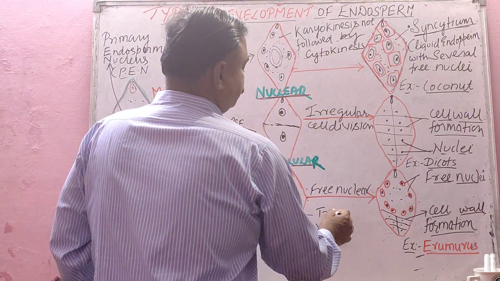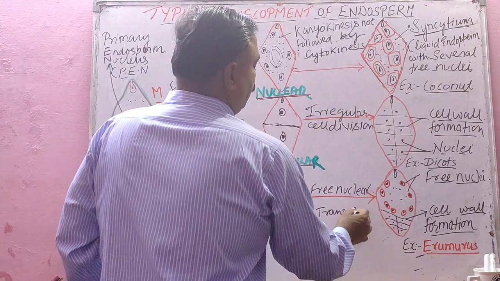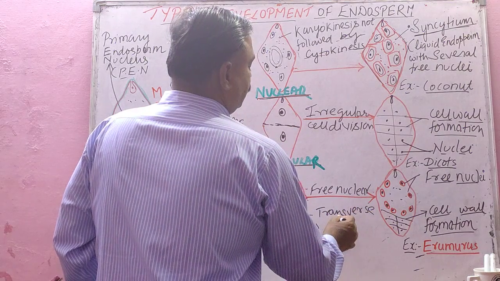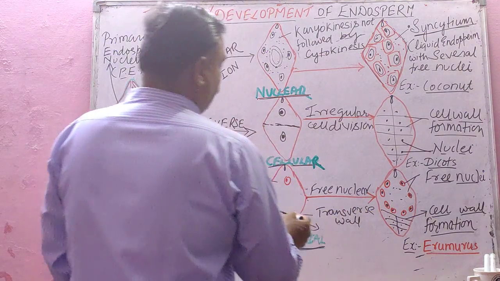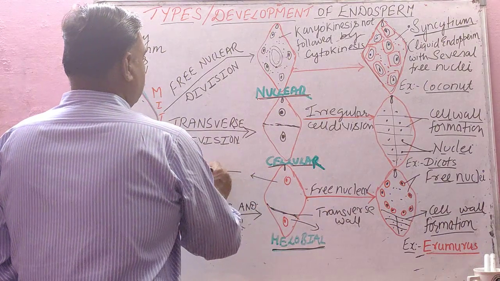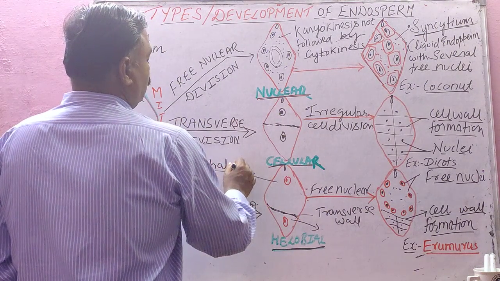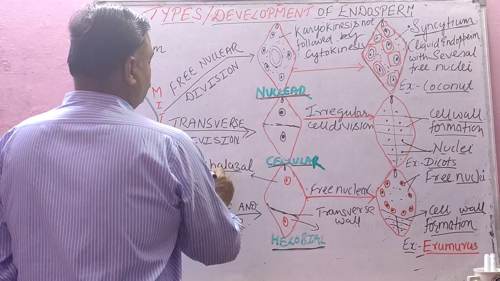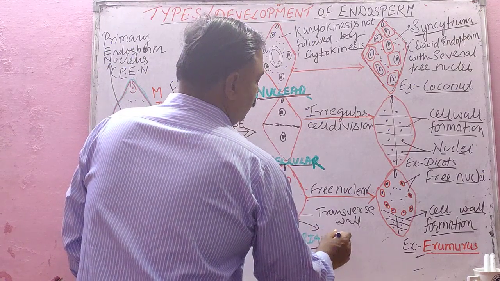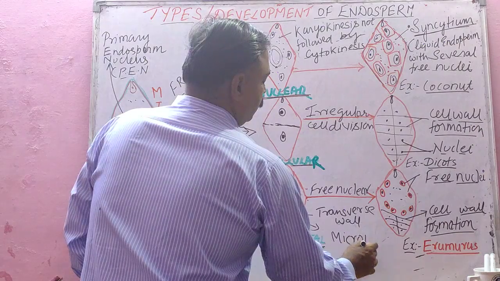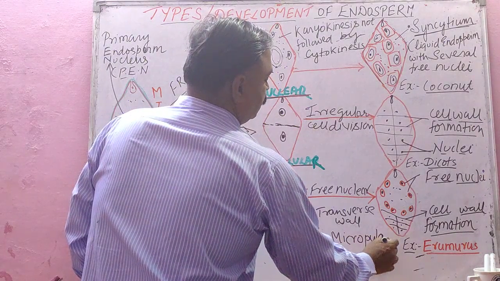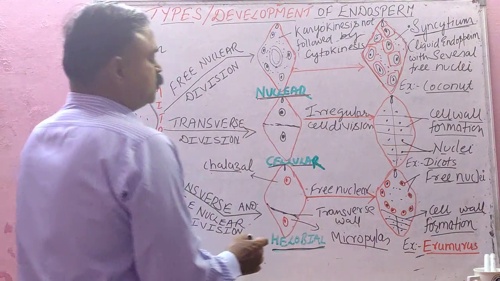This transverse wall divides the chamber into chalazal chamber, upper one, and lower one micropylar chamber.